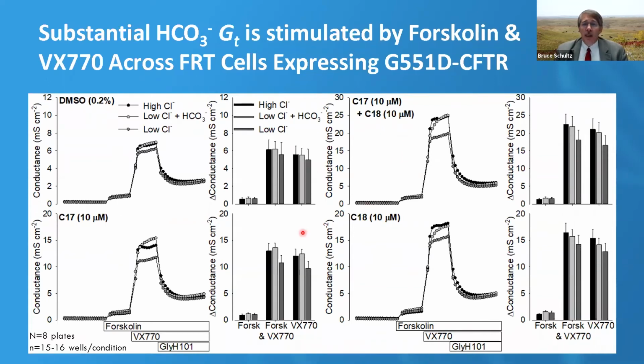What is immediately obvious is that, first of all, forskolin stimulates very little conductance in these cells expressing the gating mutation, but that VX770 greatly potentiates the response, and that we see that the bicarbonate-containing medium, low chloride plus bicarbonate, is superimposable with the high chloride, in this case slightly above the high chloride.